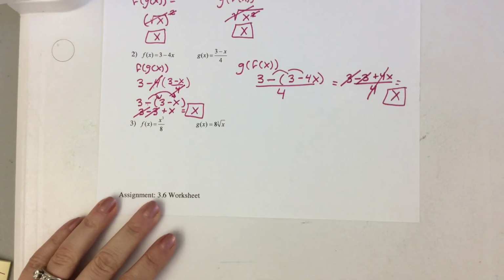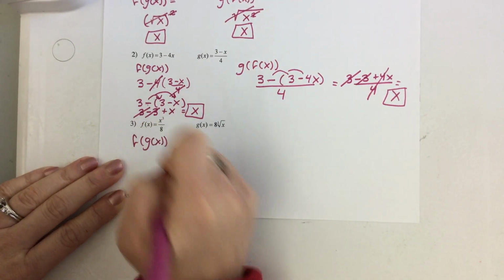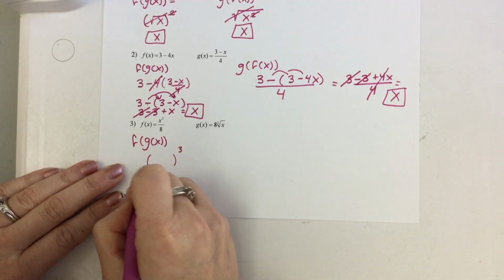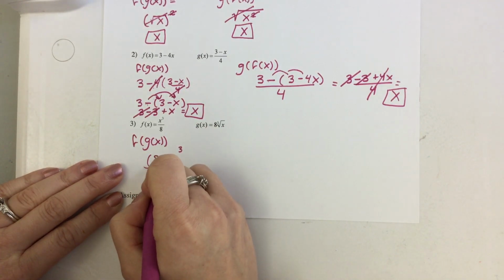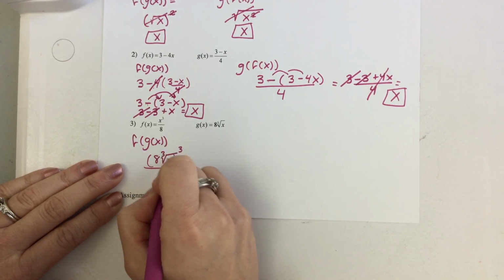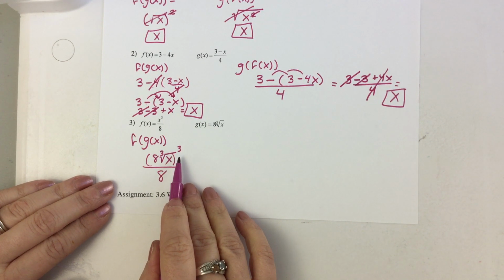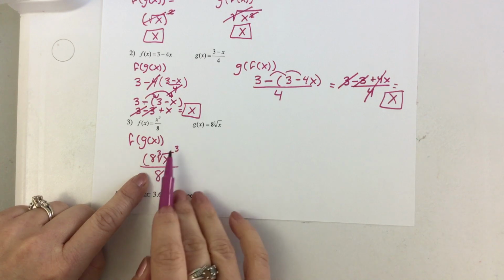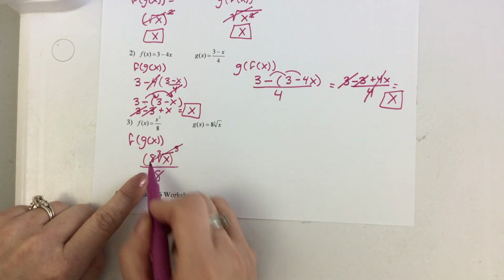Last one, you guys, and that's 3.6. If I find f of g of x, so I take the f function, where the x is, I fill in g of x. So it's 8 times the cubic root of x. Well, here's the deal, you guys. When I go ahead and do this, if I cube, this would cancel this, right?